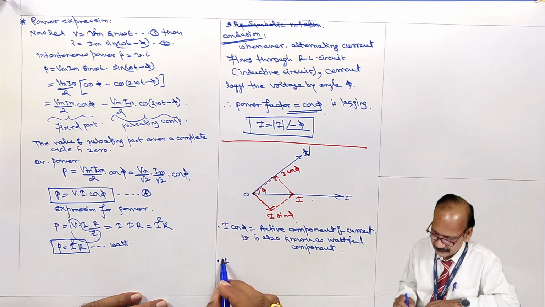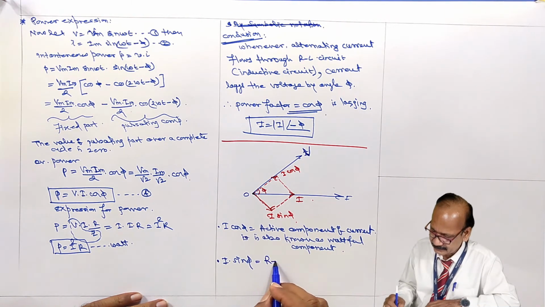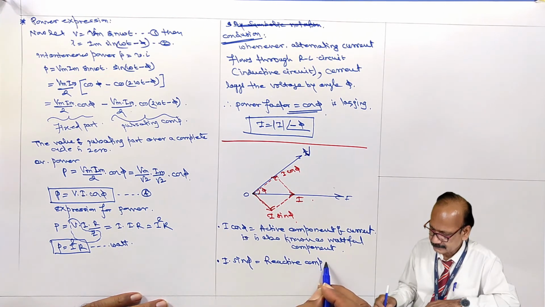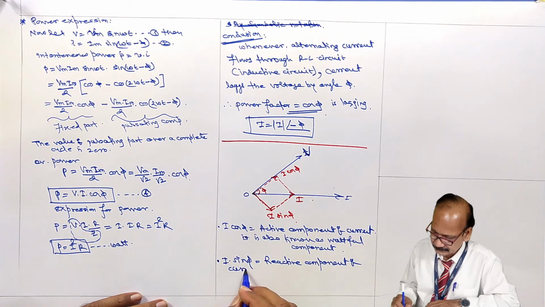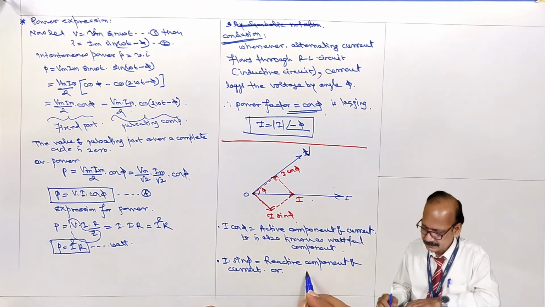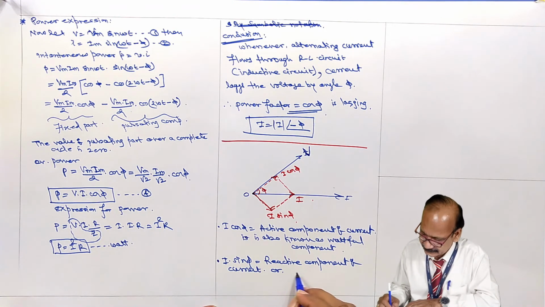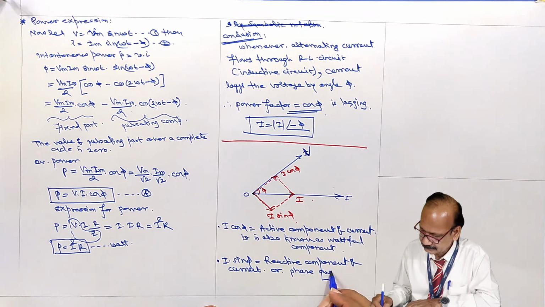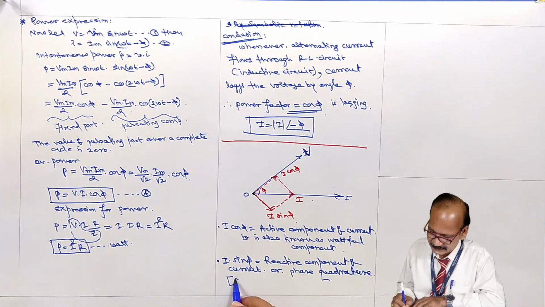And I sin phi, reactive component of current, or phase quadrature current. Quadrature means 90 degree.